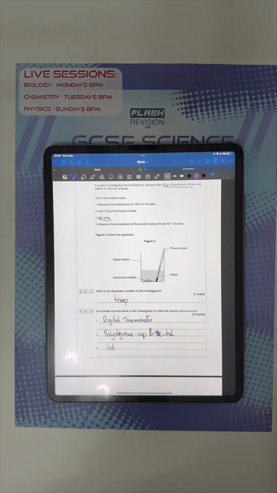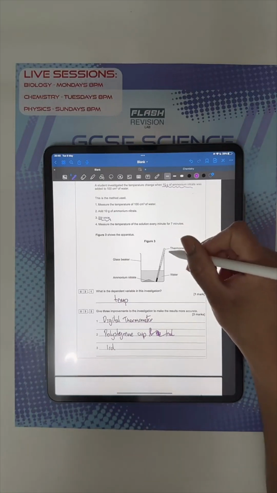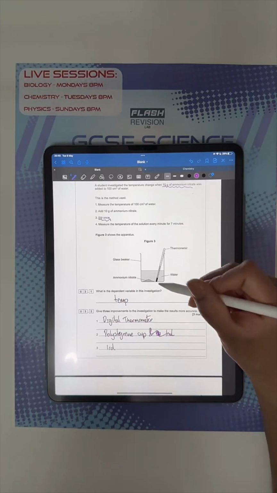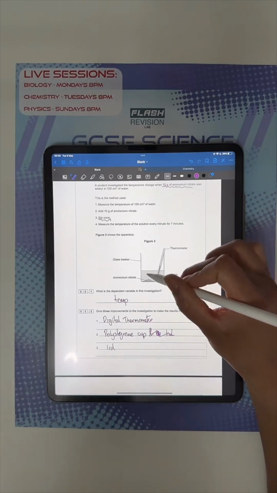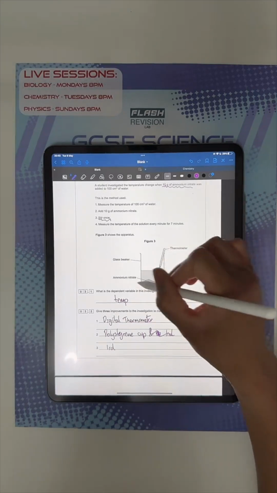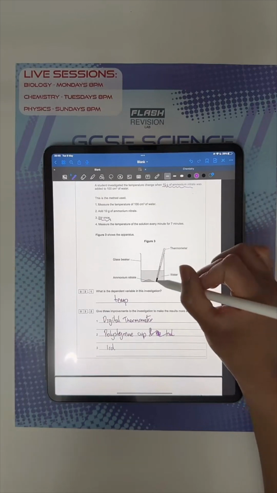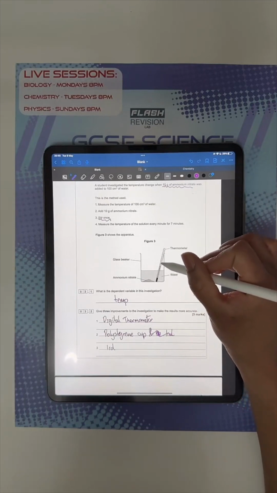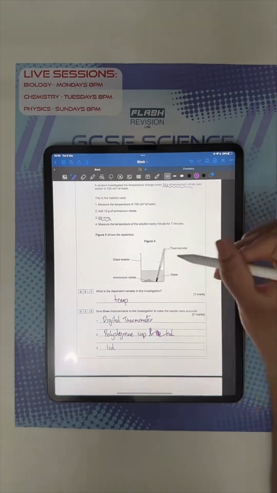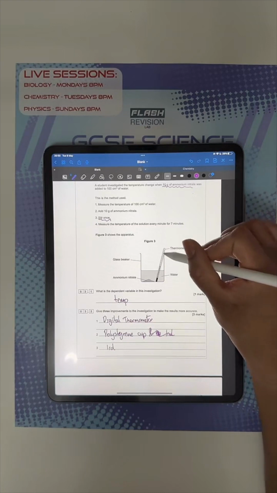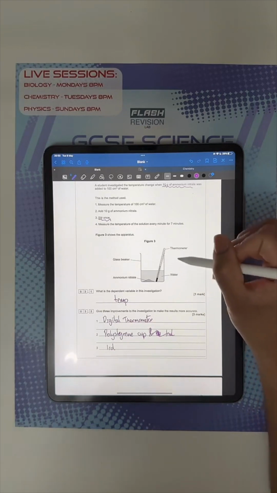Why do you want to insulate it? Because, think about it, you're trying to find out the temperature change of the reaction. If you don't insulate it, some of this heat is going to go to the surroundings. And if it goes to the surroundings, it's not going to the thermometer. So the temperature you're measuring is going to be slightly less because some of this heat's escaped. You want to keep all the heat in so you get an accurate value of temperature.